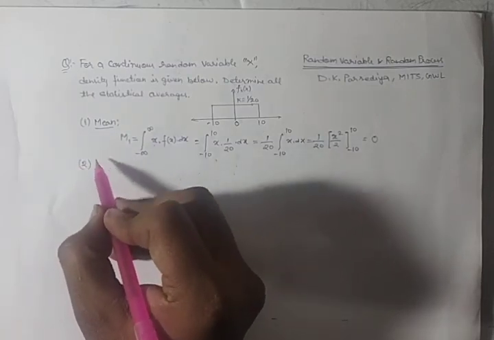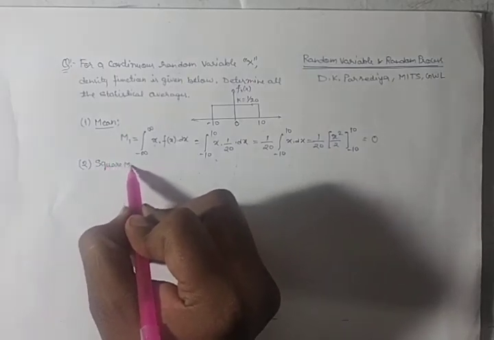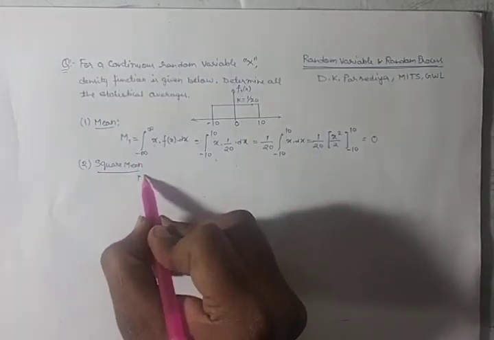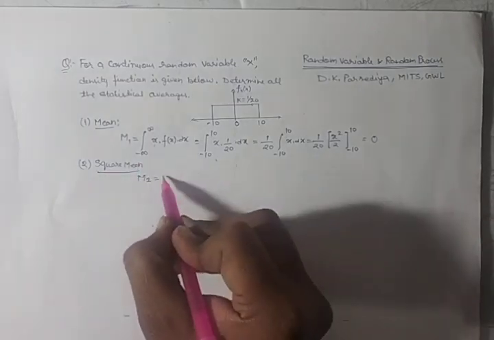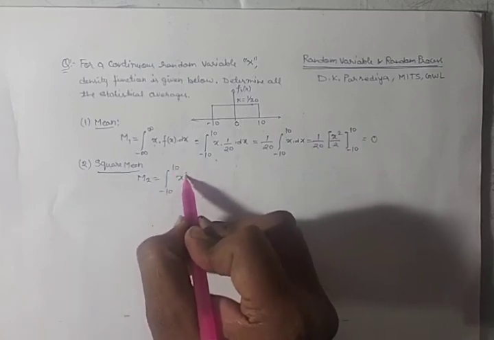The second statistical average quantity is the square mean, which is given by m2. So this m2 is the integral from minus 10 to 10 of x square.